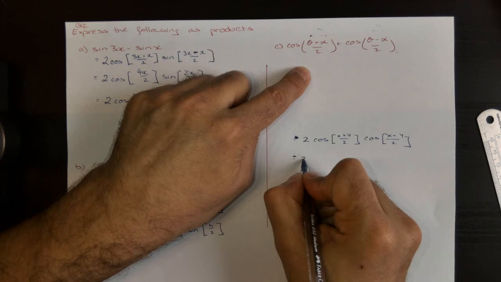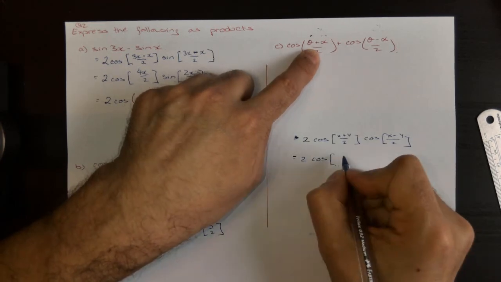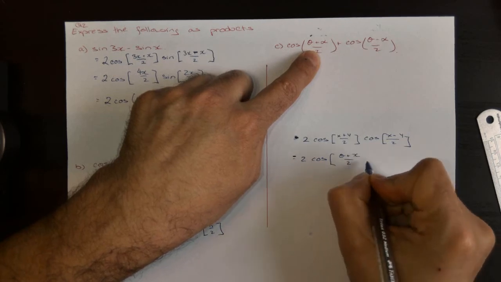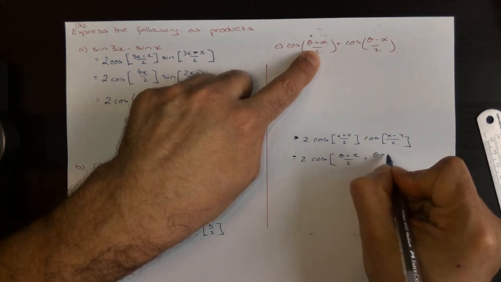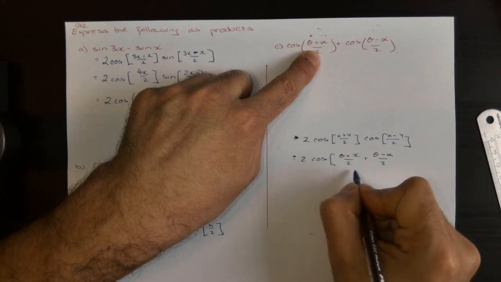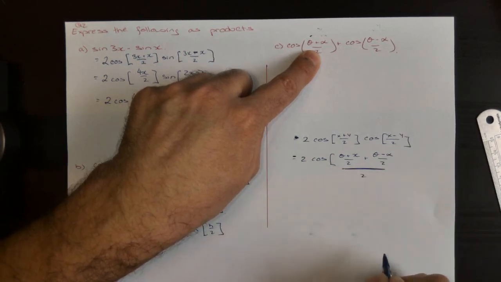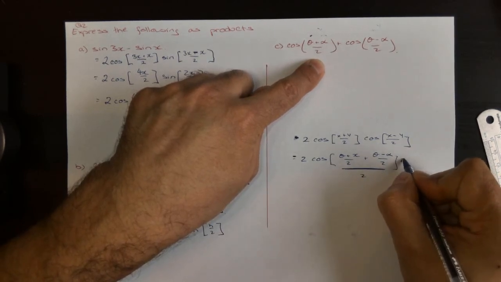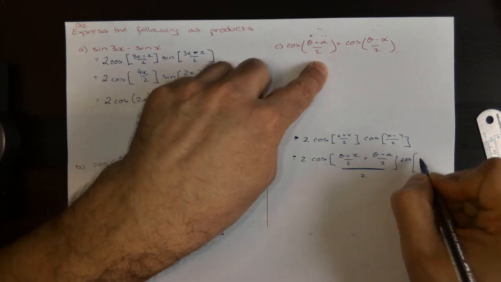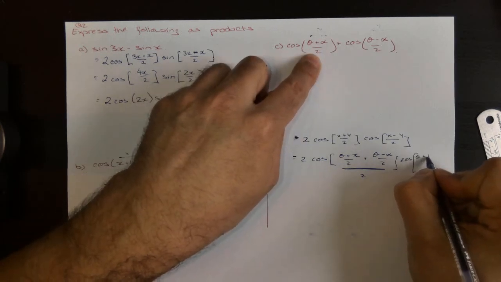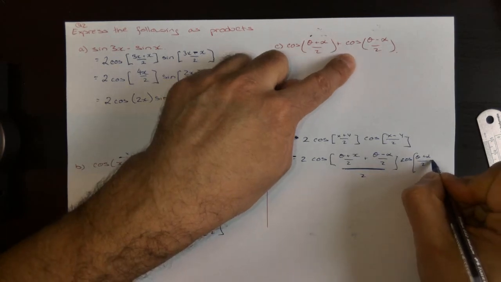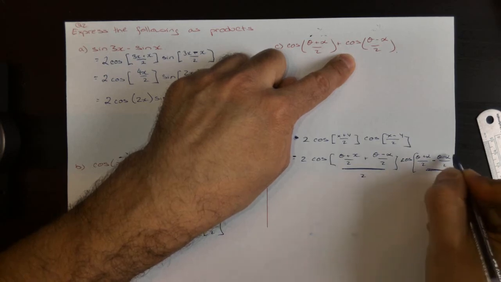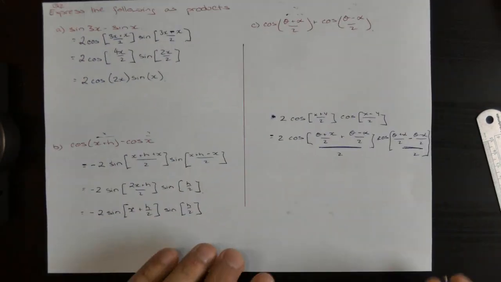So in this case, it's going to be theta plus alpha over 2 plus theta minus alpha over 2, and that's all over 2. Yep. And plus, with cos multiplied by cos, of theta plus alpha over 2 minus theta minus alpha over 2, and that's all over 2. Okay.